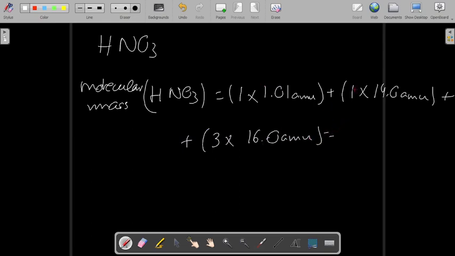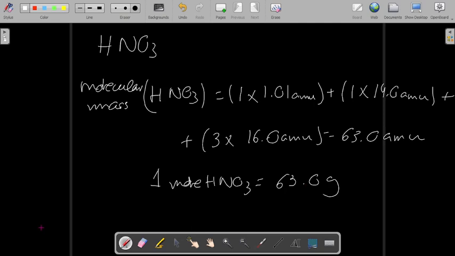If you add it up, you find out that the molecular mass is 63.0 AMU. The rule is don't call it AMUs anymore. Call it grams, and then you have 1 mole of that substance. So 1 mole of that nitric acid is 63.0 grams.